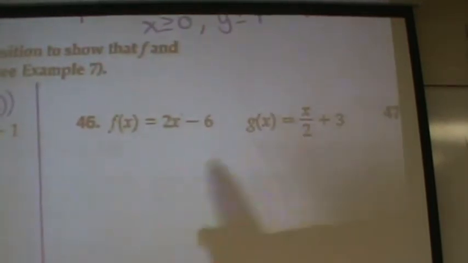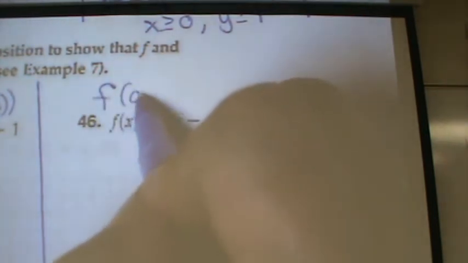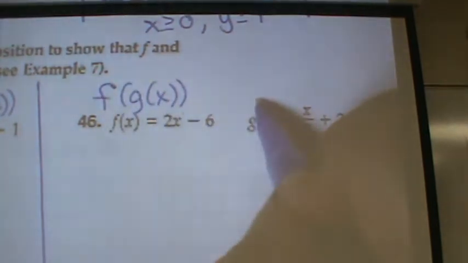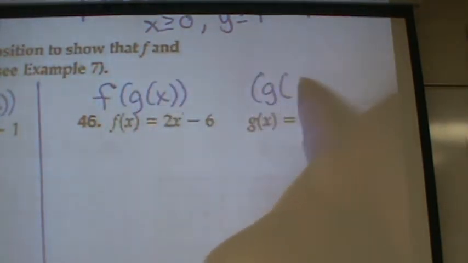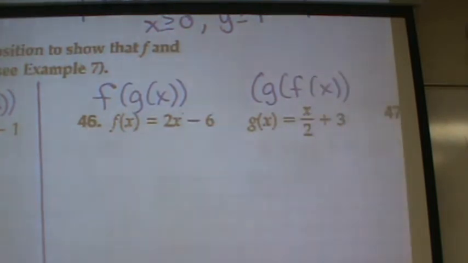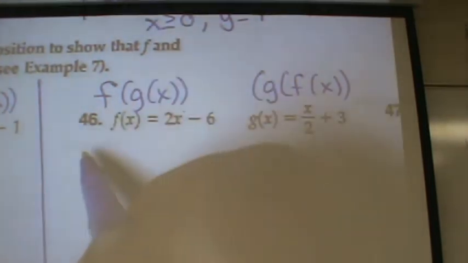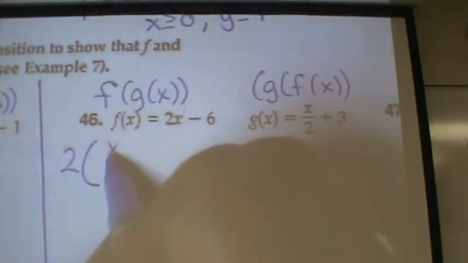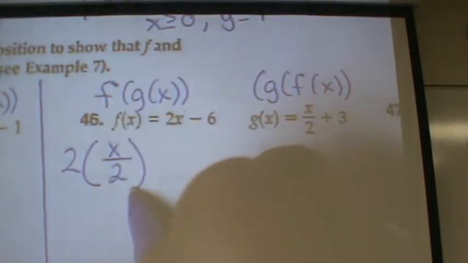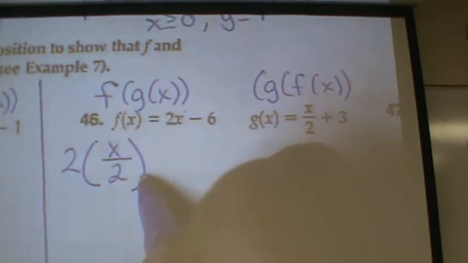Next one. We're going to do f of g of x and g of f of x. So if you plug this in here, you get 2 times x over 2. Whoops.